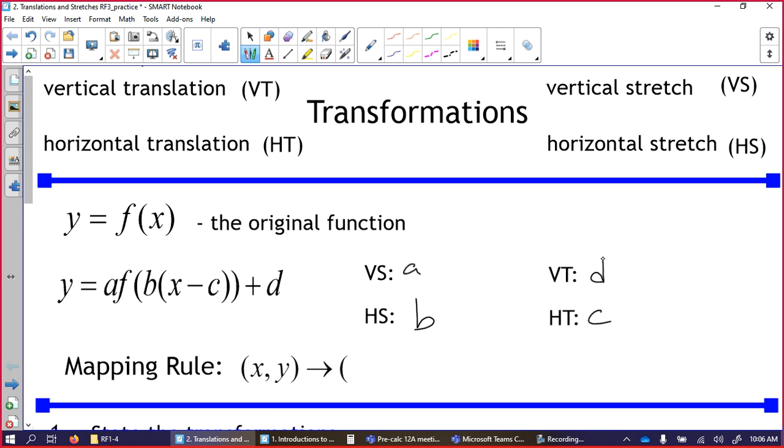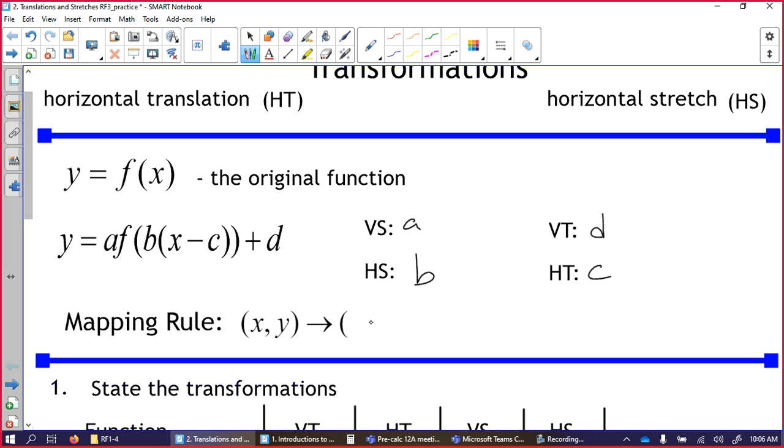Sorry. And we can make a mapping rule. The x is your horizontal, because the horizon goes across. You jump vertically. So in a mapping rule, we're taking an ordered pair. We're manipulating the x by taking b.